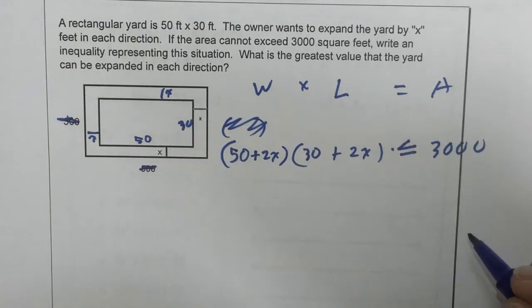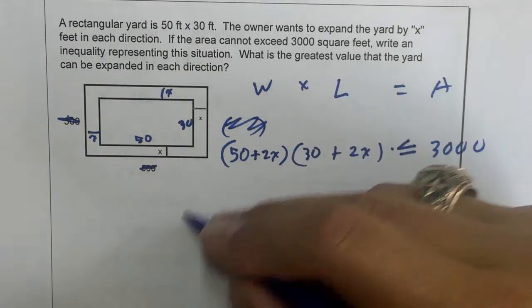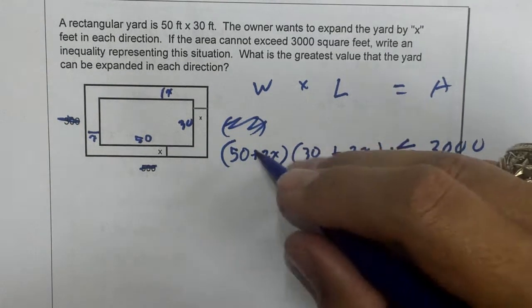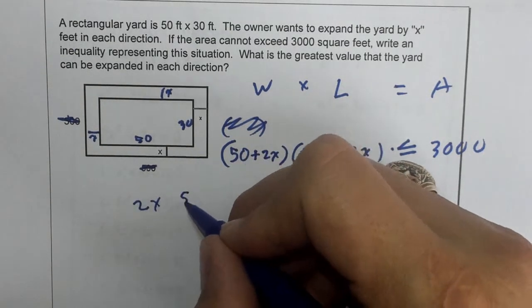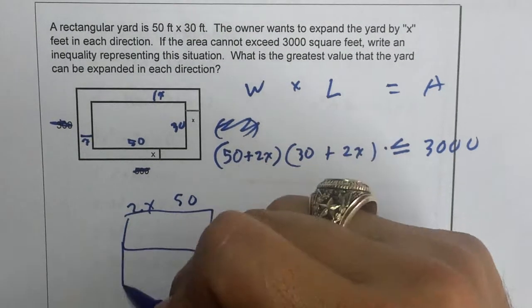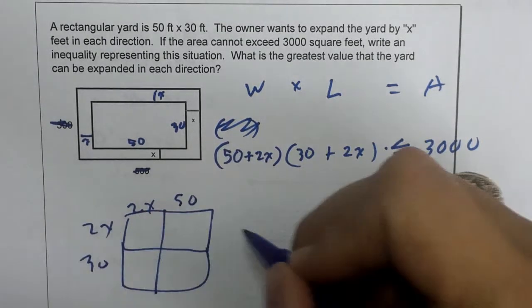We then have to multiply this. This is factored form. To get our quadratic in standard form, we're going to multiply these. So we have 2x and 50, and 2x and 30.